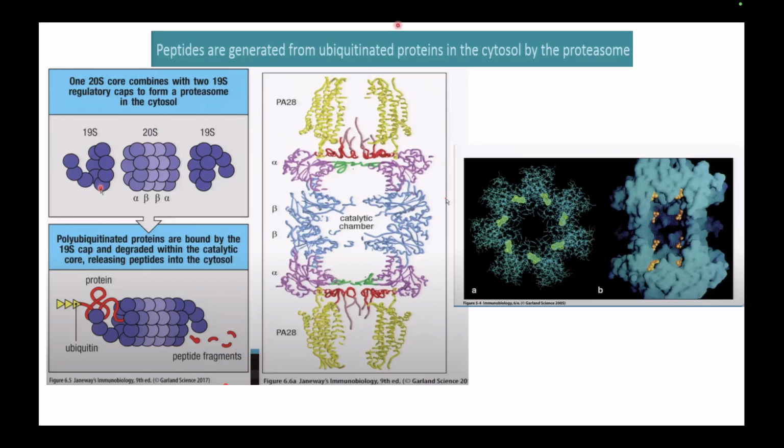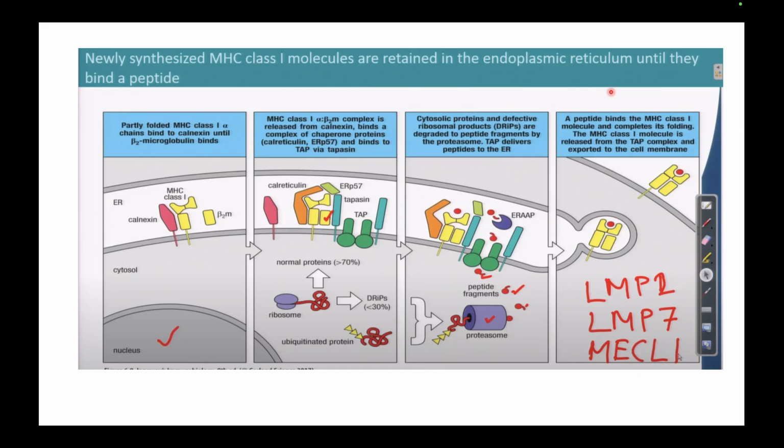These are the proteasomal machinery: the peptides are generated from ubiquitinated proteins in the cytosol by proteasomal degradation. Here you can see the MHC class 1, calnexin is bound first, then calreticulin, and all these molecules are present. The viral RNA is making the proteins and everything.